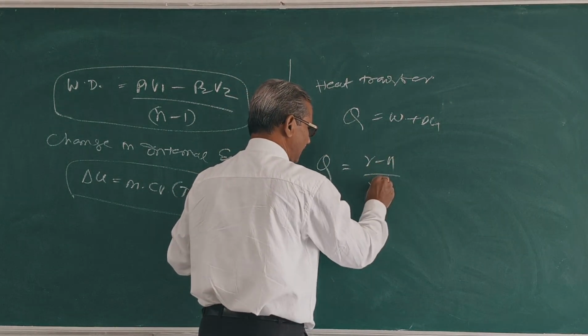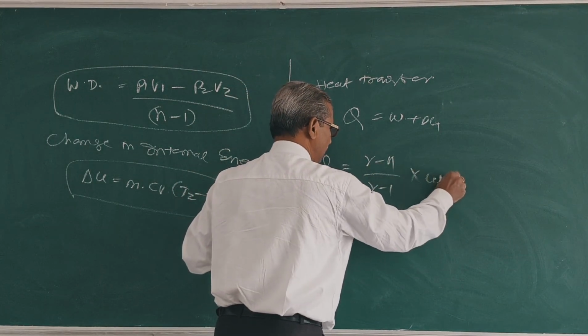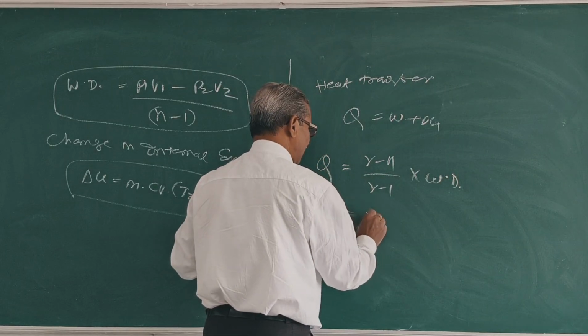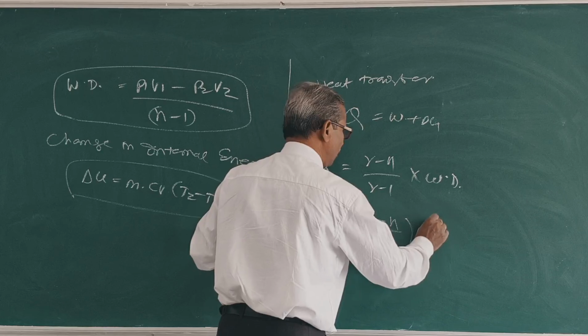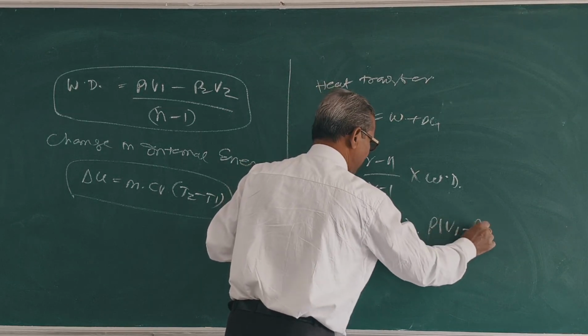Clear? What is work done? Gamma minus n by gamma minus 1 into P1 V1 minus P2 V2 by n minus 1.